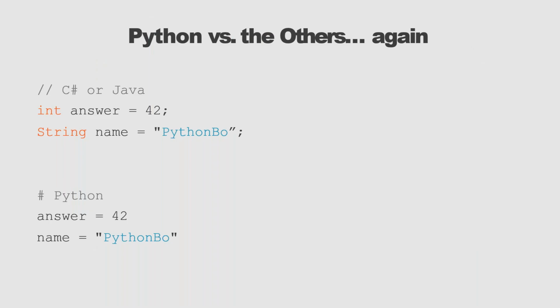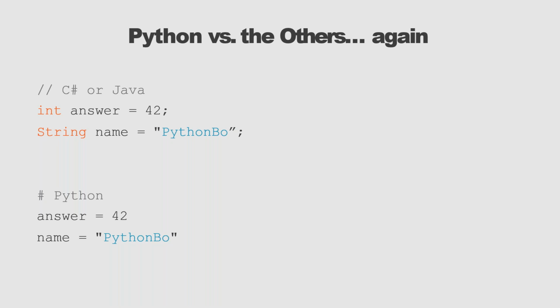Look at this, here is one way to compare other languages and Python, Java versus Python. Why do we say it's strongly typed? Because any variable you declare in C++ or Java, you have to declare its type. For example, answer is equal to 42, so you have to say whether answer is an integer or a string.